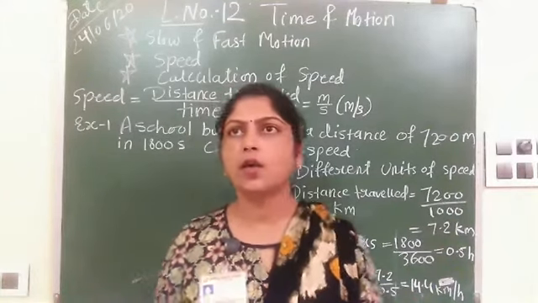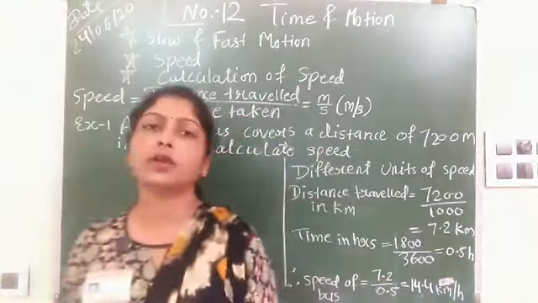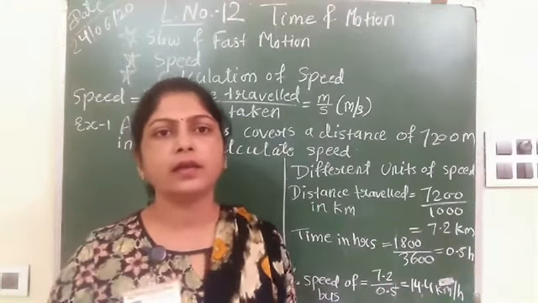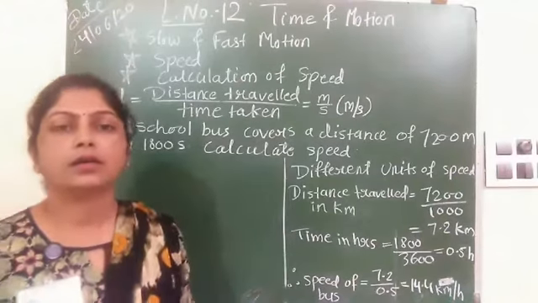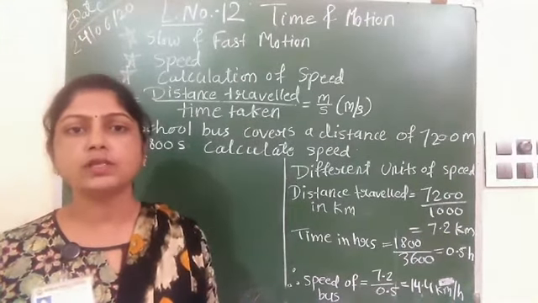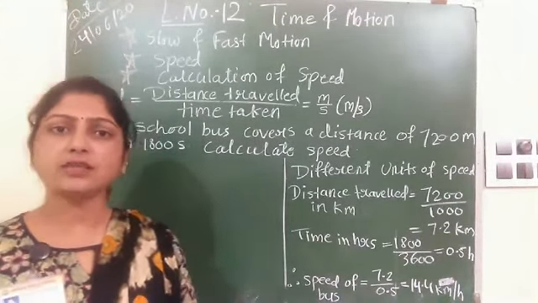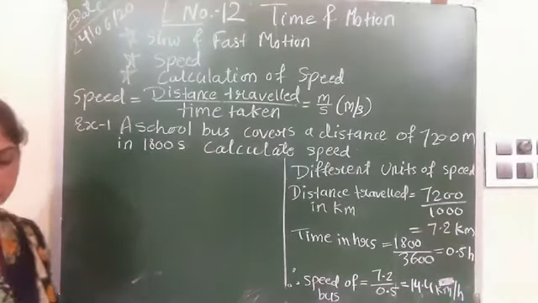If we take the example of a running race, then by observing it, we can say whose motion is fast and whose motion is slow.